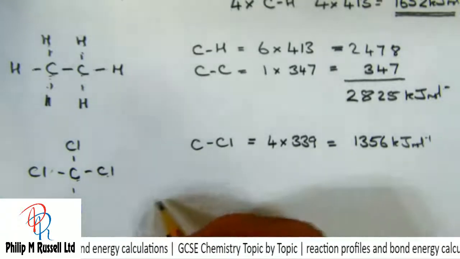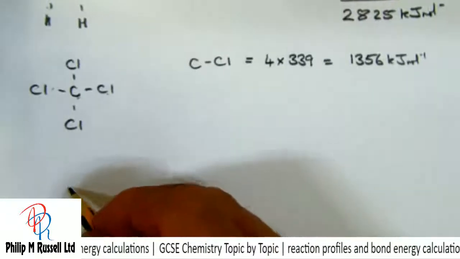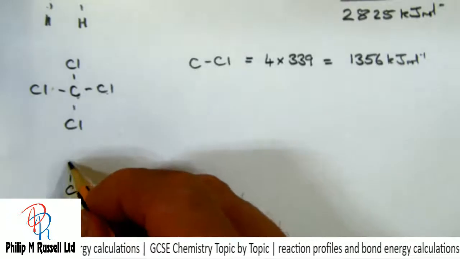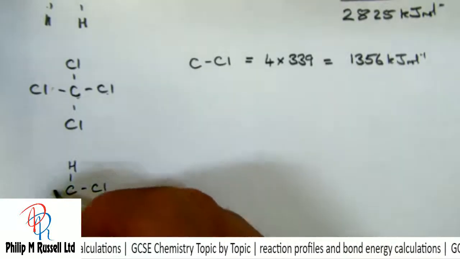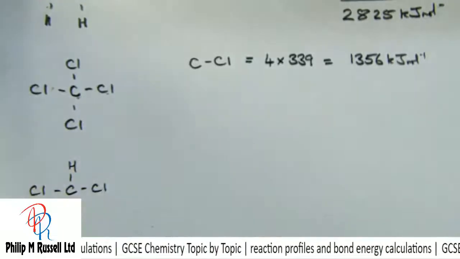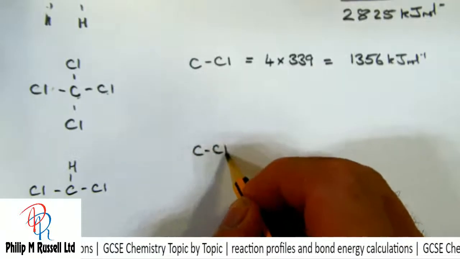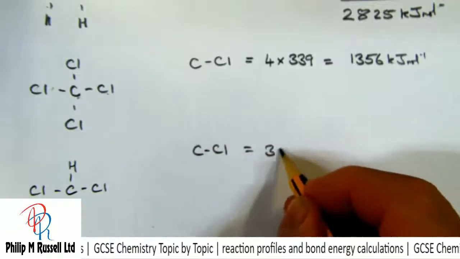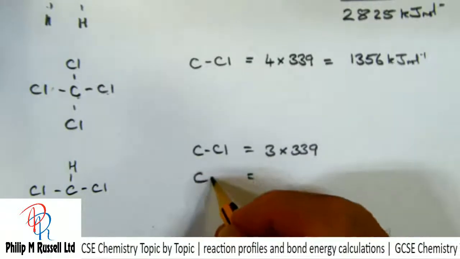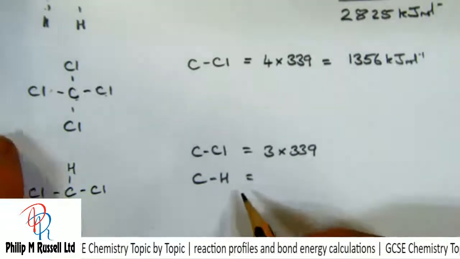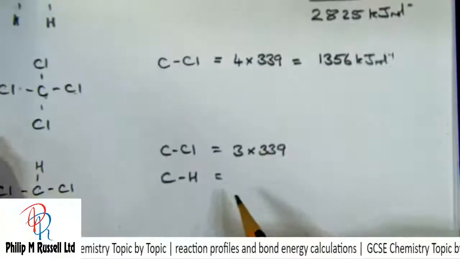If we change this molecule a little bit and we meet trichloromethane, then this will have the carbon chlorine bonds. There will be 3 times this, and I've got 1 carbon hydrogen bond, which we worked out was 413.